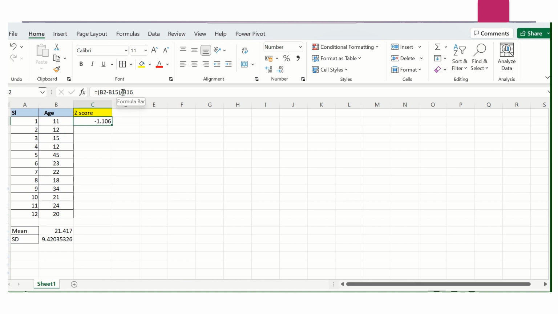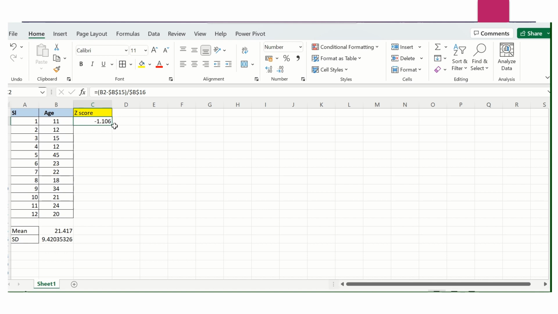Here the value of standard deviation and the value of mean will be the same. That's why we have to put dollar here, dollar B15 and dollar B16. These two values will always remain the same.